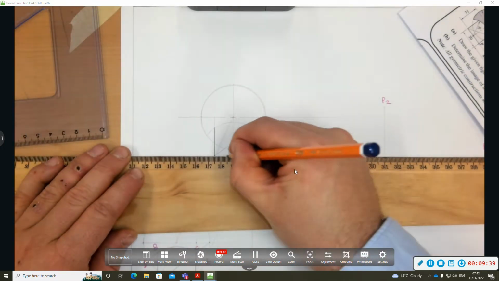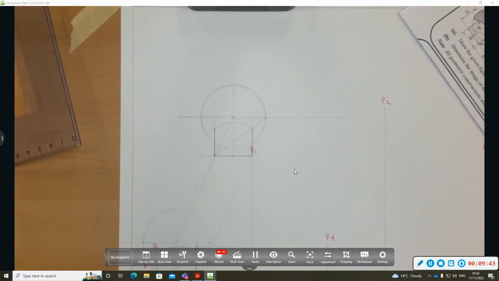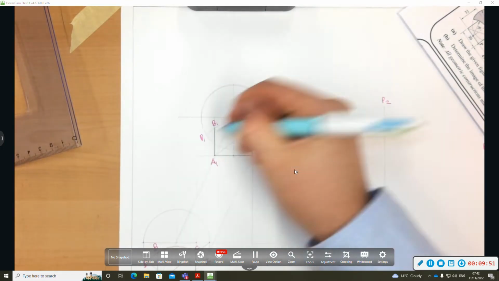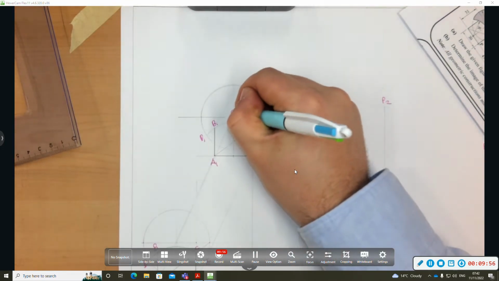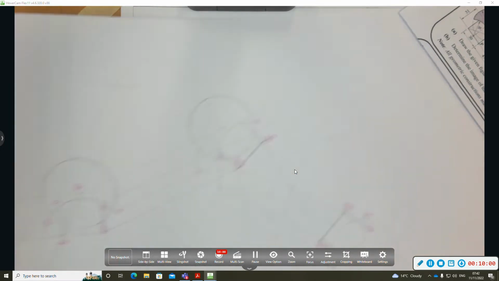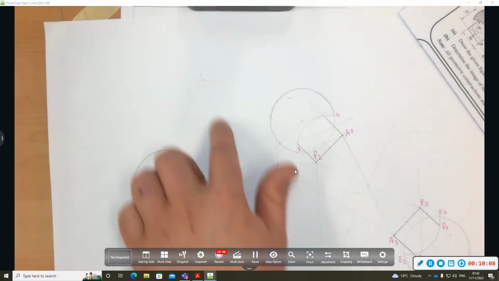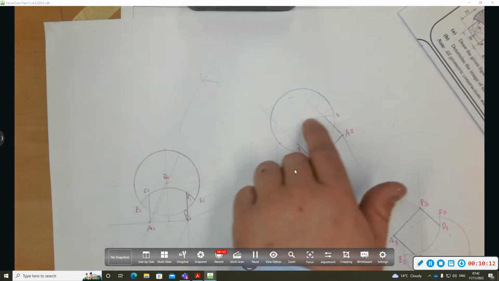You can label our points. A1, B1, C1, P1, D1, E1, CP, center point.